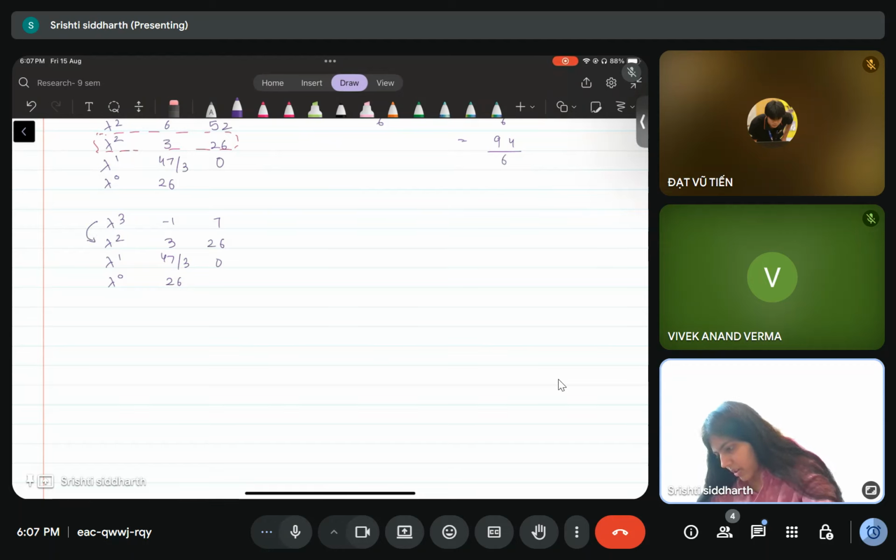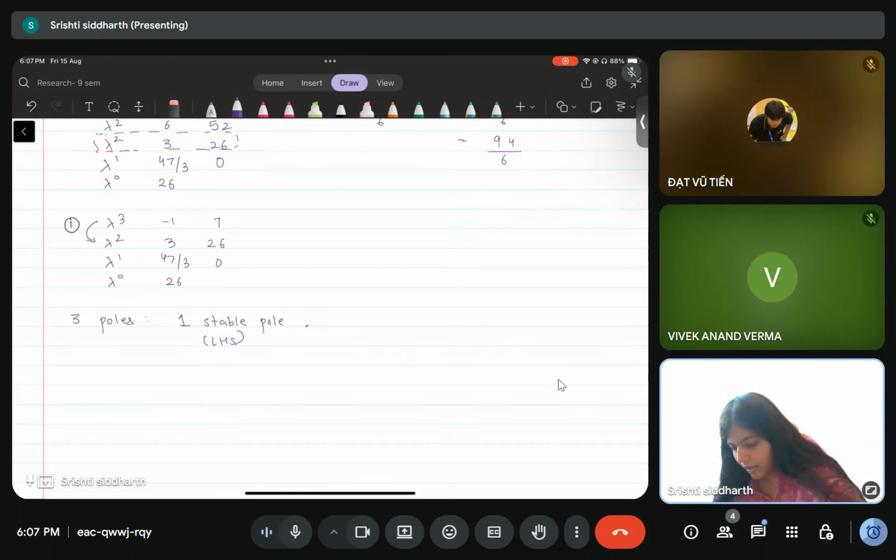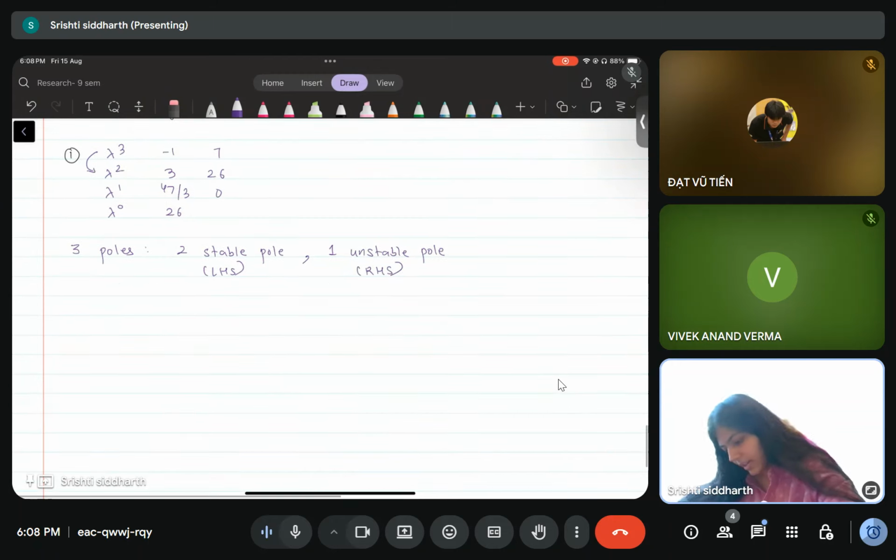So out of the 3 poles, because it's a third order polynomial, there is just one sign change, so there is one unstable pole, which means one pole in the RHS. And then we have 2 stable poles in the LHS. Note that there are no poles on the j omega axis.